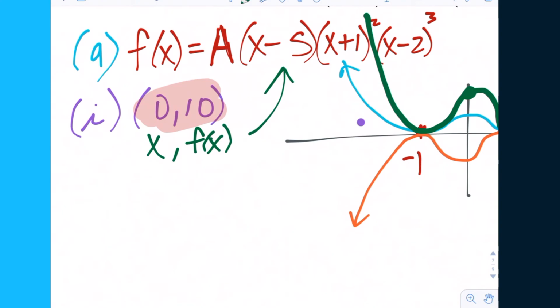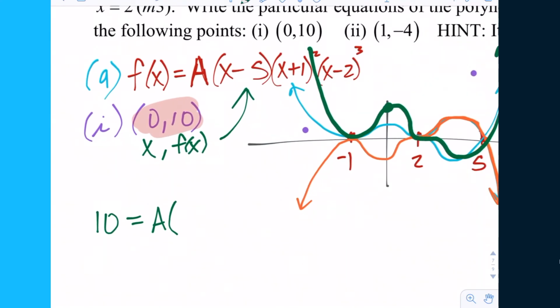So we're going to say that 10, the f of x value, equals A times, and what are we going to plug in for x? A 0. So I'm going to get 0 minus 5, which is negative 5. 0 plus 1 is 1. Squared is 1. And 0 minus 2 is negative 2. What's negative 2 cubed? Negative 8.